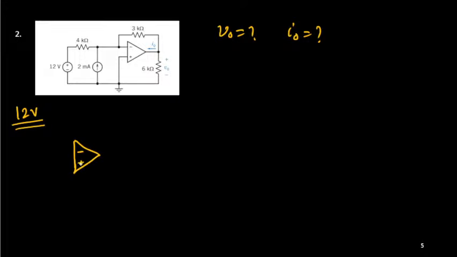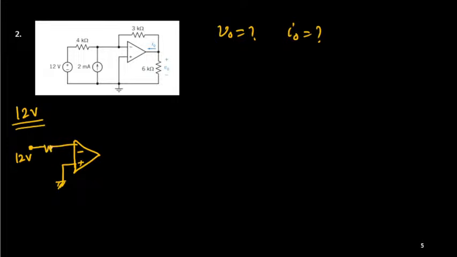This is minus, this is plus, this end is grounded. We'll remove this current source, means open circuit. We'll disconnect the 2 milliampere current source and we'll keep on this 12 volt source only.